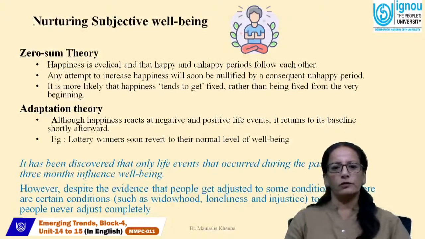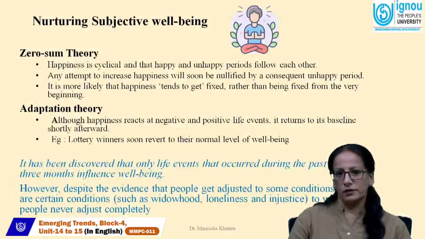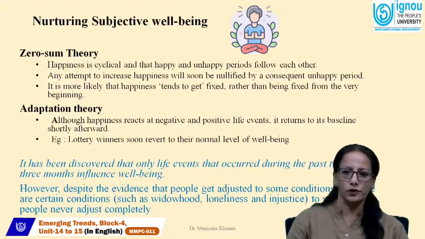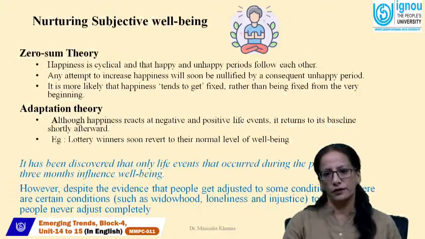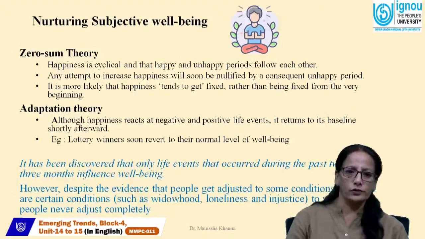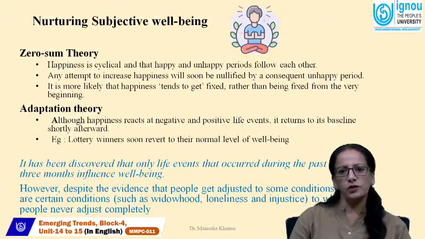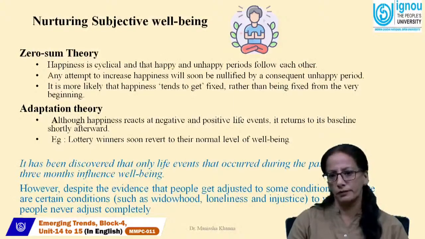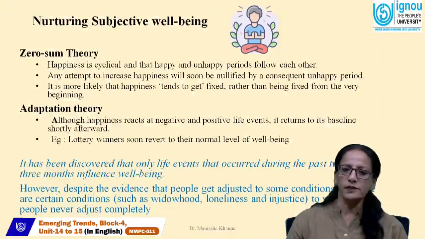In zero-sum theory, happiness is cyclic, because it depends on what is happening around and what the mood and situation behind that are, and happy and unhappy events or times follow each other. An attempt to increase happiness will soon be nullified by a consequent unhappy period or unhappy event. So it is cyclic.